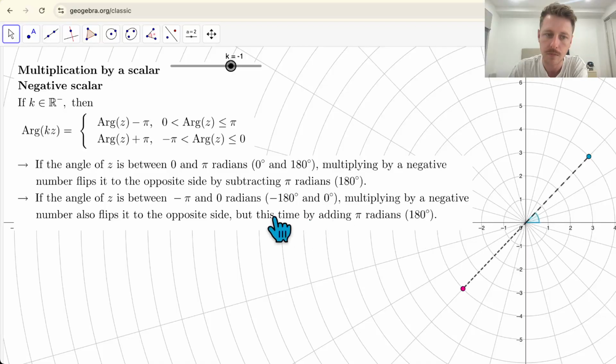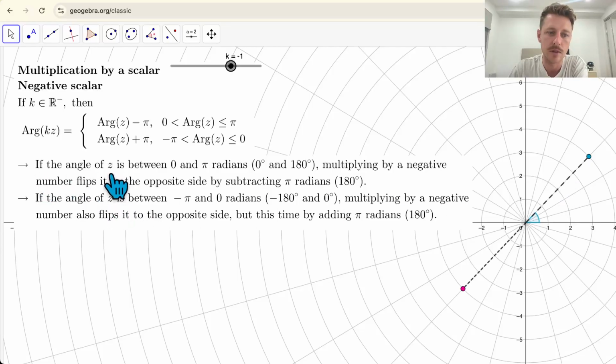Similarly, if our complex number sits between negative pi and 0, so sits somewhere down here, now just thinking in reverse, you would need to add pi to get over here, to get to the principal argument of the new complex number.